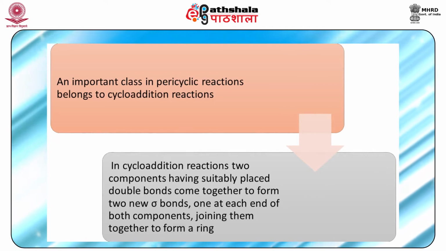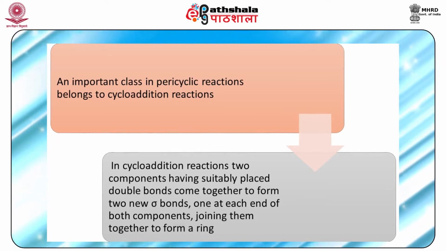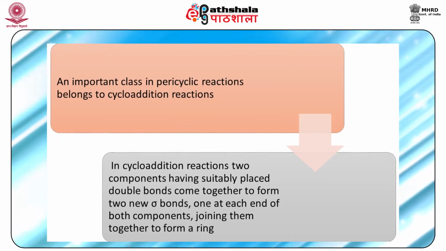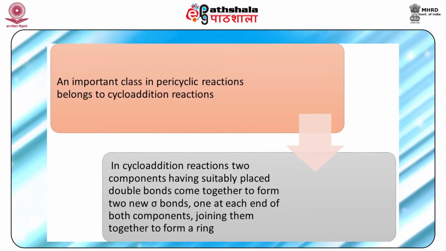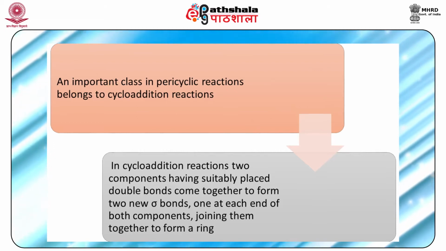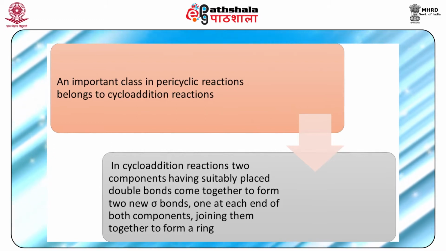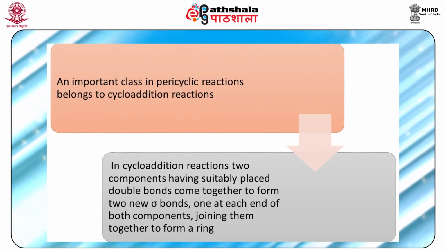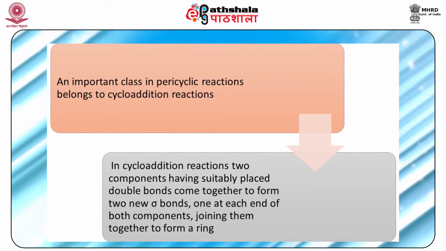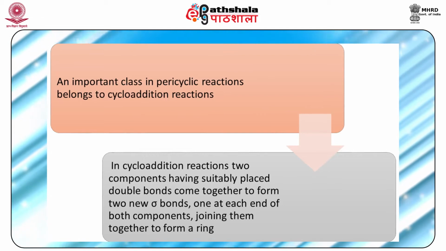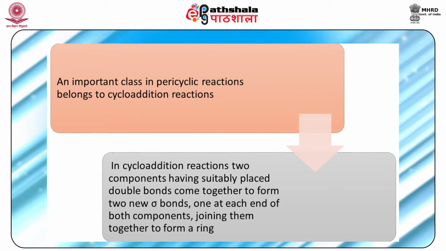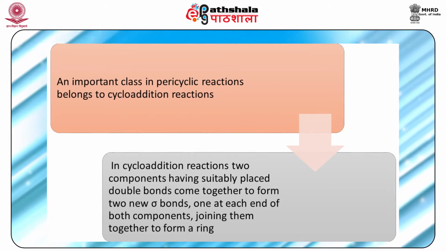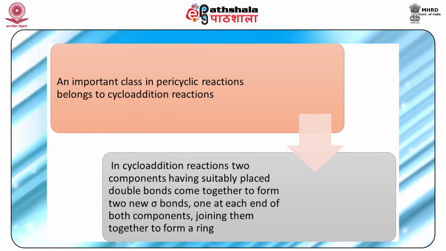An important class in pericyclic reactions belongs to cycloaddition reactions. In cycloaddition reactions, two components having suitably placed double bonds come together to form two new sigma bonds, one at each end of both components, joining them together to form a ring.